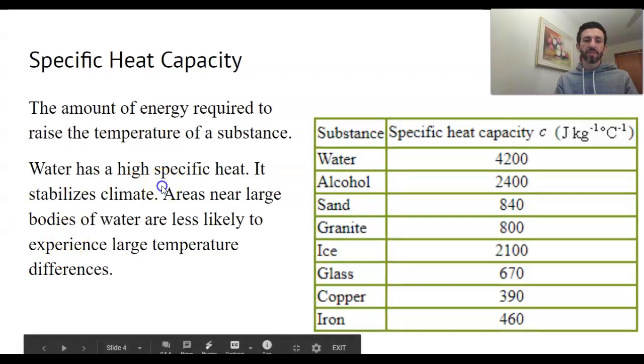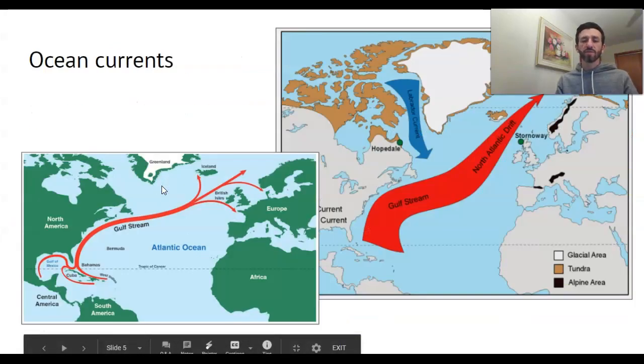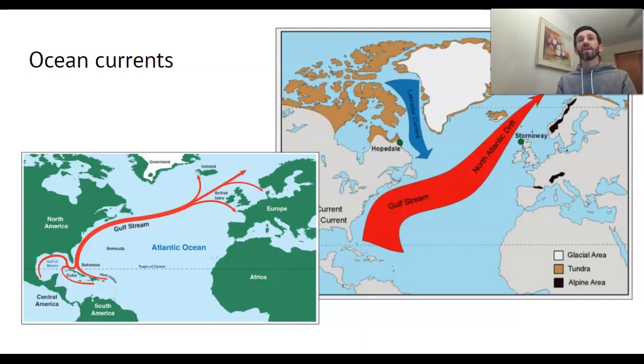Now this also matters for other reasons. If we think about it, ocean currents are very important for climate, okay?